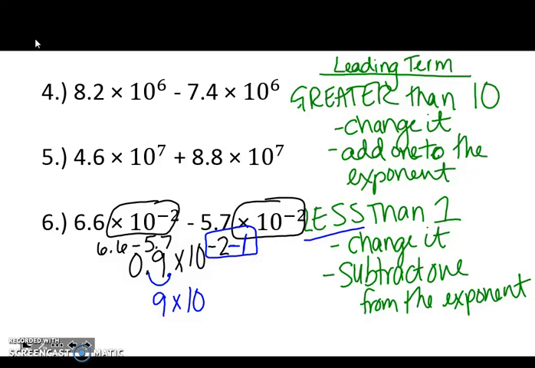So you're going to take negative 2 minus 1, and we get negative 3 for our exponent. All right, and so that is how you add or subtract numbers that are written in scientific notation. Again, if you need to go back and rewind or rewatch anything, then feel free to do so.